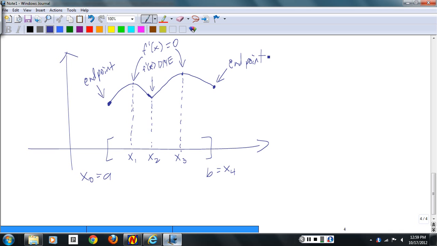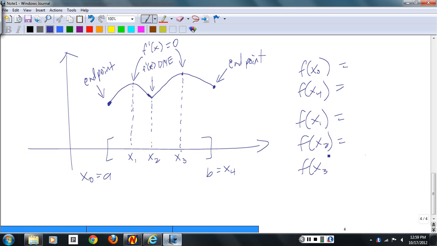So what we do is we evaluate the function at all 5 of these numbers. So we say f of x sub 0, and maybe f of x sub 4, get the endpoints out of the way, and then f of x sub 1, f of x sub 2, f of x sub 3, and we have 5 numbers.